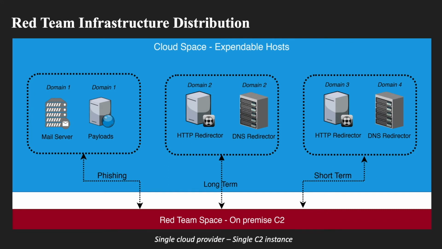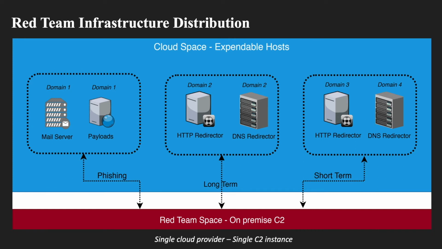So this is how the infrastructure is going to look, where in the blue space, let's say this is DigitalOcean, we have 6 different servers, and we have 3 different domain names pointing to these servers, depending on the actual stage of the operation. For the phishing side of things, we use one domain, one server being the mail server, which is responsible for sending the phishing emails, and then we have another domain hosting the phishing payloads.